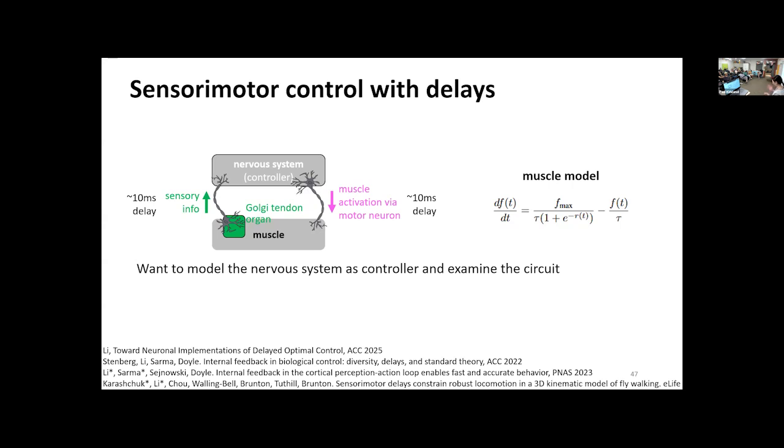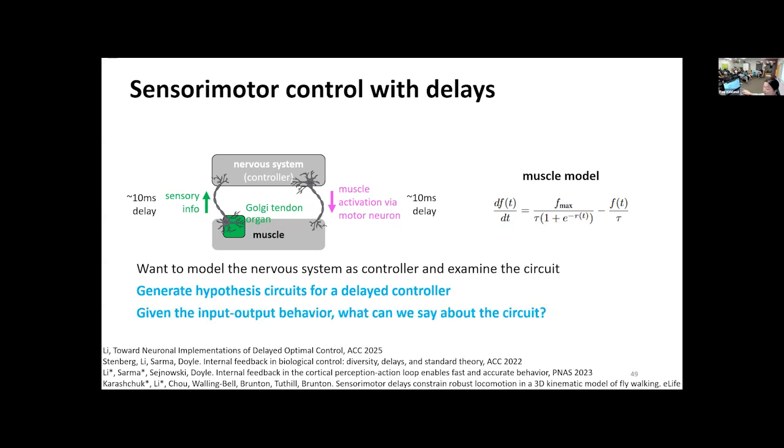But this time I wanted to say, here is the circuit. It's probably not a very good hypothesis, but I wanted to get to that final concrete state. So we wanted to generate hypothesis circuits for a delayed controller, and then answer this broader question: if I know what the input-output behavior is, what can I say about the circuit, if anything?